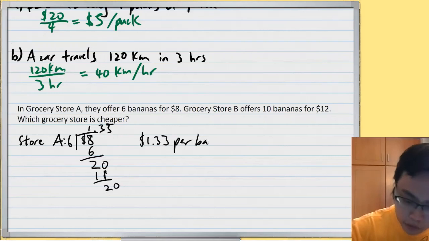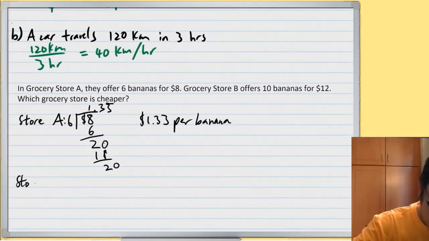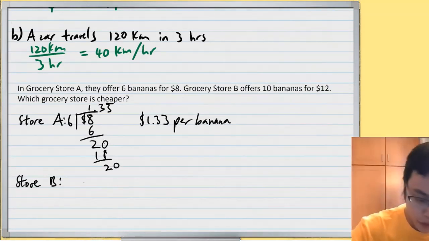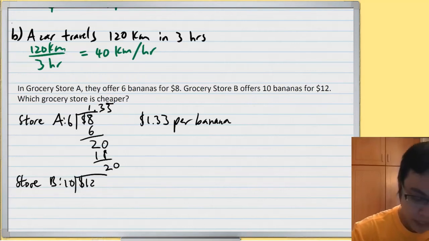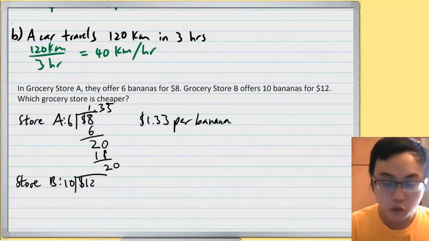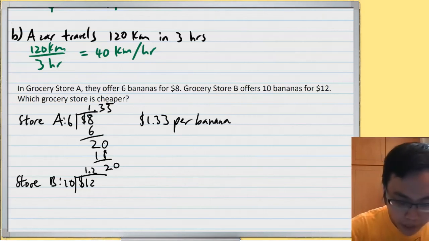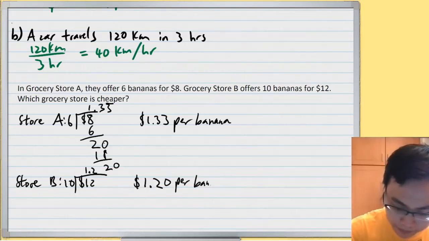And then let's look at store B. For store B, they offer 10 bananas for $12. So how much is one banana going to cost? It's going to be $12 divided by 10 bananas. And we all know how to divide by 10. We just shift the decimal across. That is 1.2. And so it's going to cost $1.20 per banana.